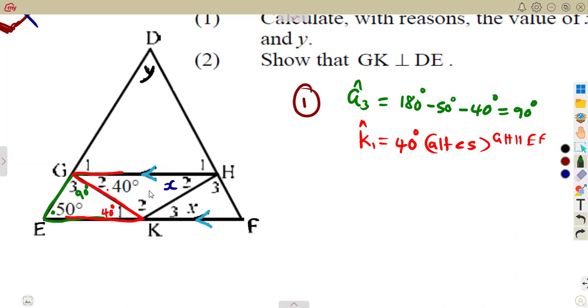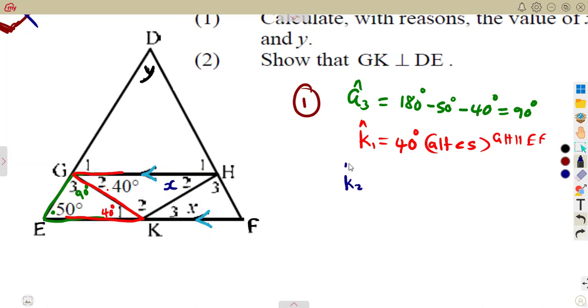Remember that angles inside of a triangle add up to 180 degrees. So this could be calculated from 180 degrees about angles inside of a triangle or angles on a straight line.